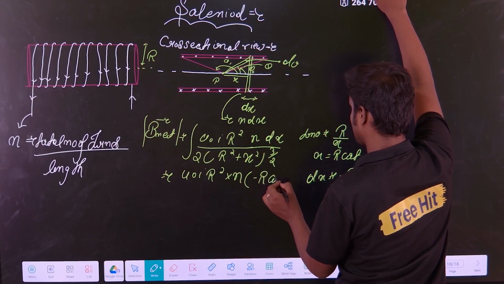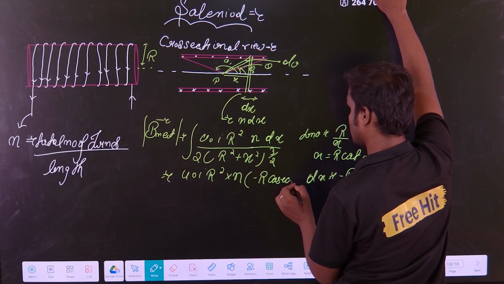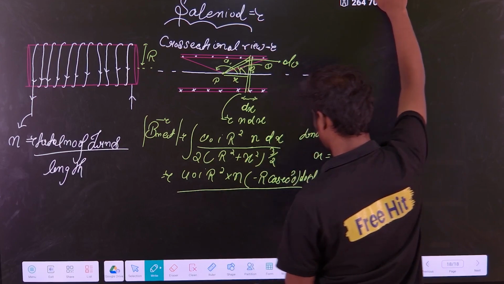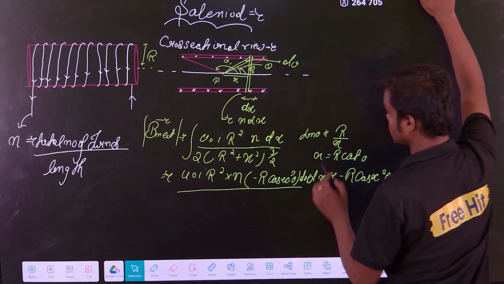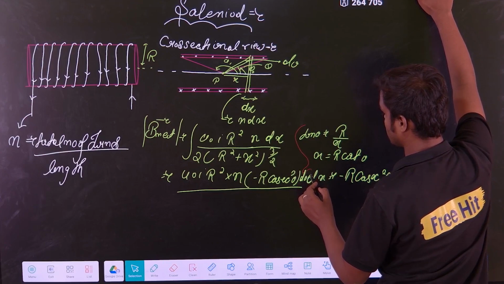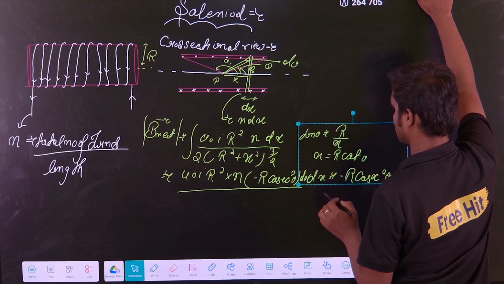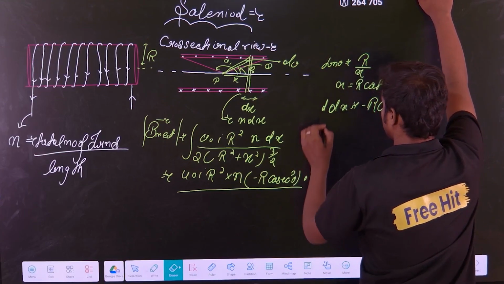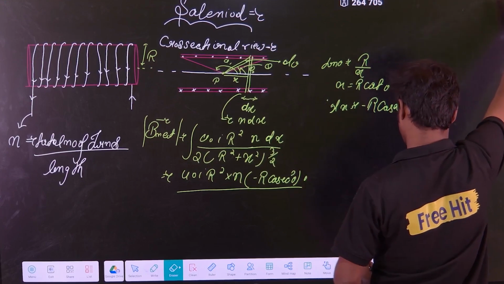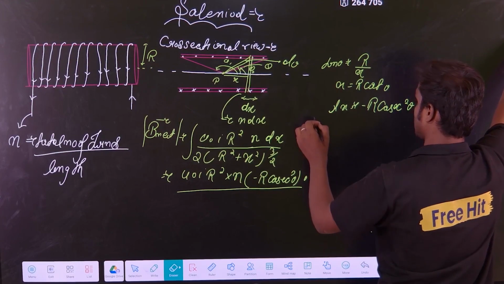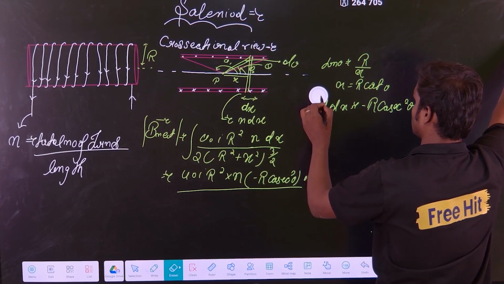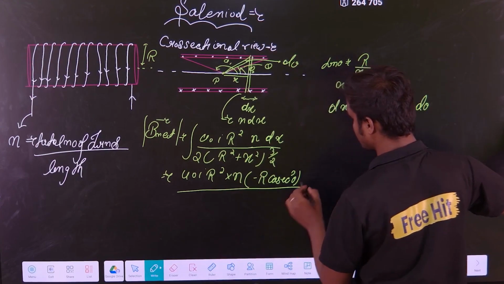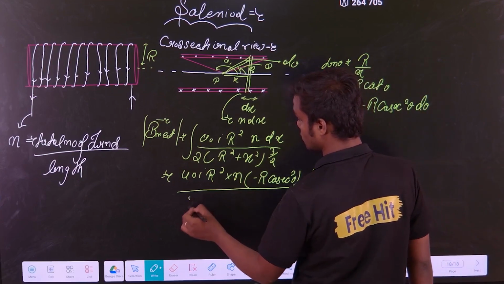Minus r cosec square theta d theta into, just let me make this thing little. d theta, this is 2 times of.